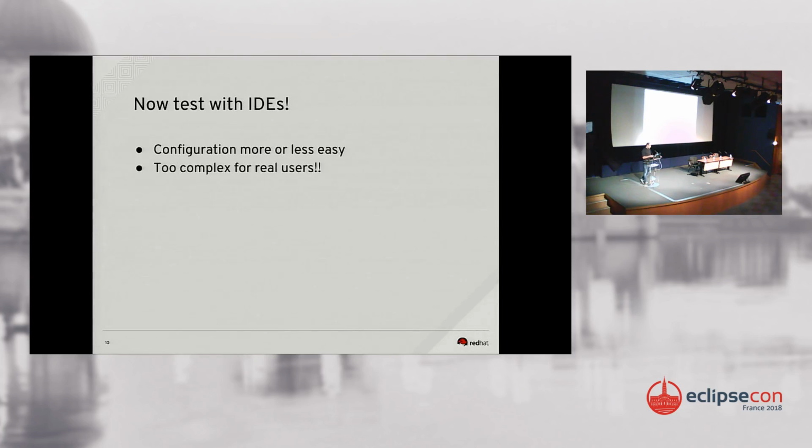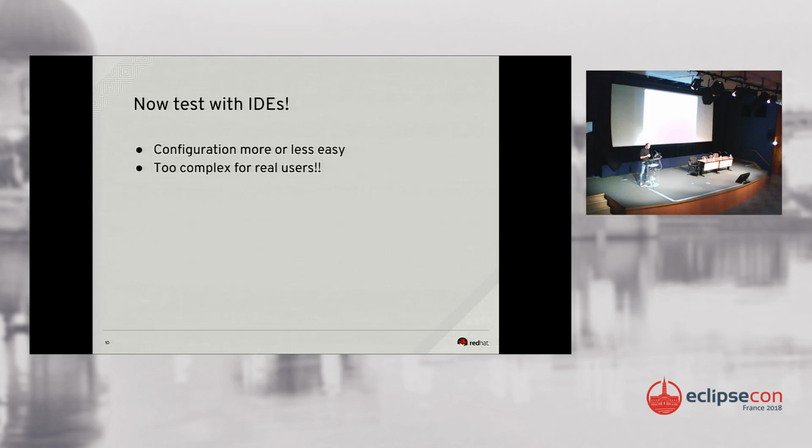So, okay, with all these little constraints, I started to write my language server, and I was able to produce my server as a simple jar. I started to test it in some of the IDEs that we have.